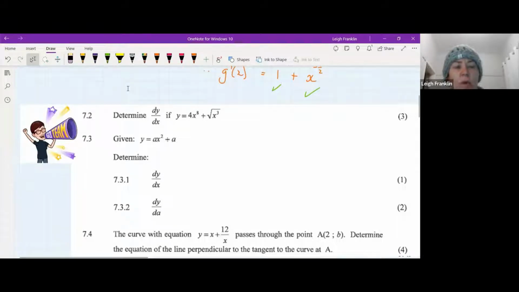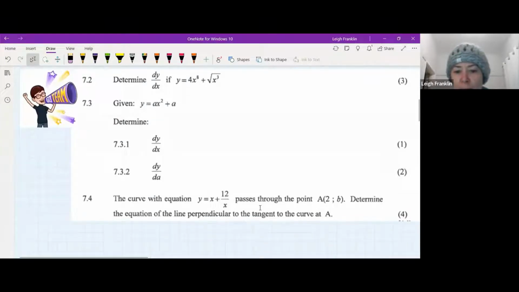But this is what I was trying to explain to you the other day when we were talking about only being able to differentiate with respect to one variable at a time. The 2019 paper, prior to COVID, was particularly difficult, and that's where these particular questions come from.